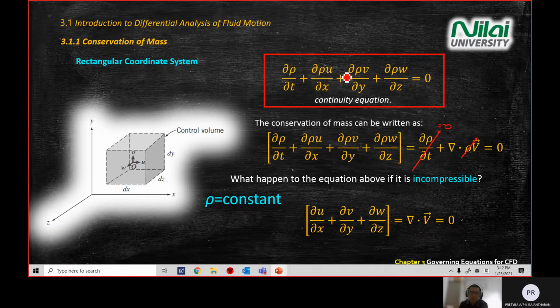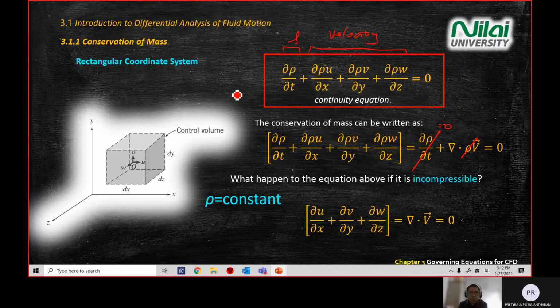Again, in the continuity equation you only talk about the density component and the velocity component. If you are in the incompressible case, the density is constant, so the rate of change of density you can take out. You only have the velocity component left. So you can write the inverted triangle, or vector operator, dot v equals 0. This is how you simplify the equation for an incompressible flow.